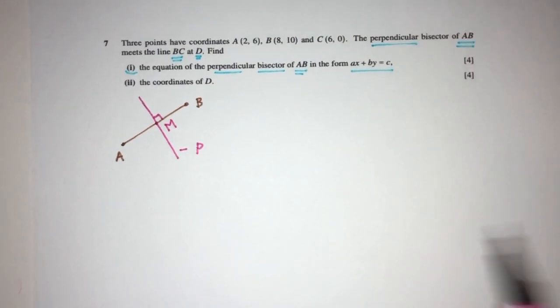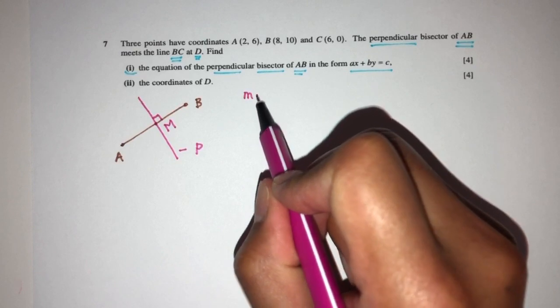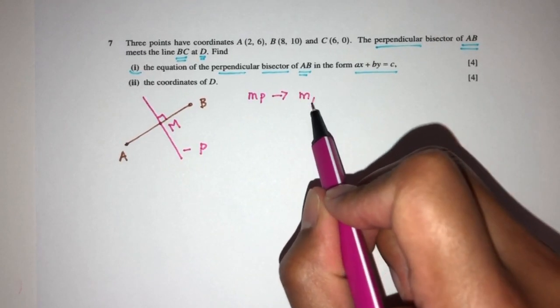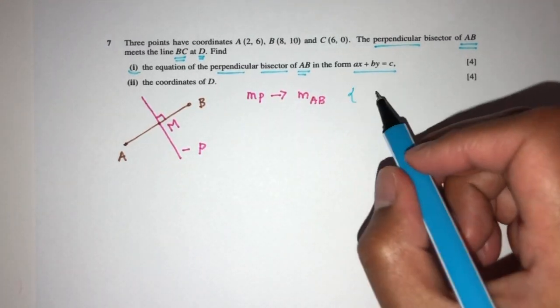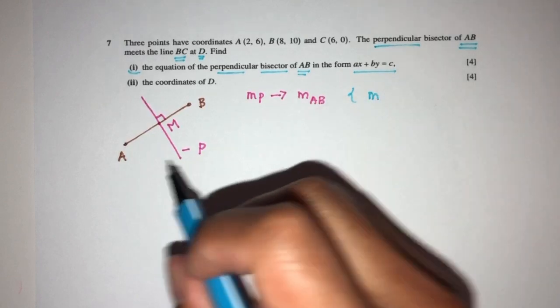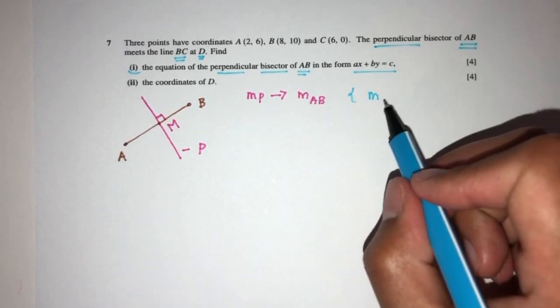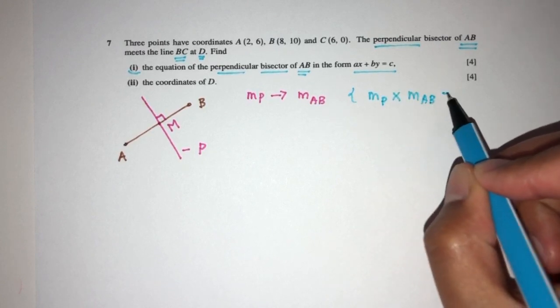Now we understand that to find the equation of a straight line, we must first find the gradient of P. Now to find this, we must first find the gradient of AB. Because they are perpendicular to each other, we have an equation which relates both of them. So MP multiplied by MAB have to give you -1.